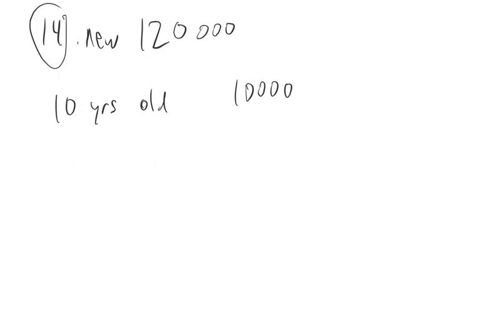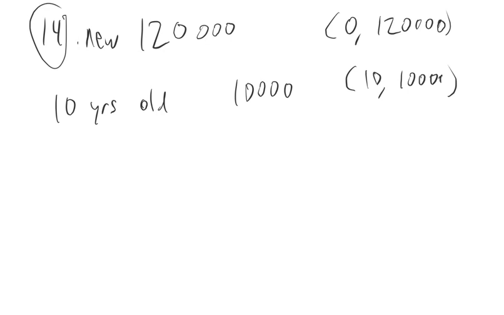So we have to find the rise over the run. The new value represents when the age of the truck is 0. The value of the truck, which is y, is 120,000. And when the truck is 10 years old, which is x, the value of the truck is 10,000. So we need to use a formula to find the slope: y2 minus y1 over x2 minus x1.